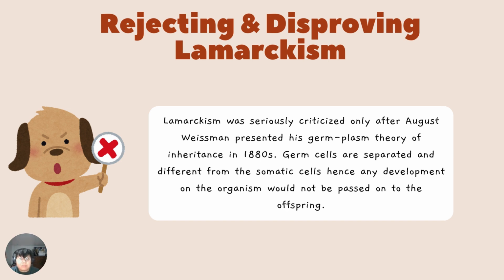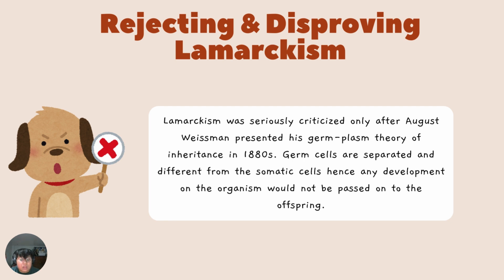Since then, epigenetics, the study of how genes and gene-associated proteins are chemically modified, has provided an explanation for how some qualities acquired during an organism's lifetime might be inherited by its descendants.